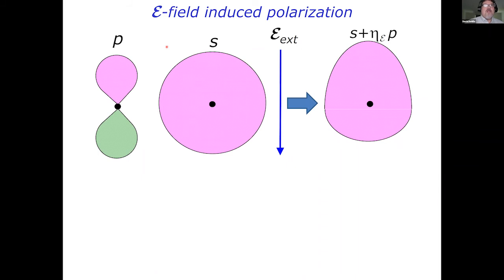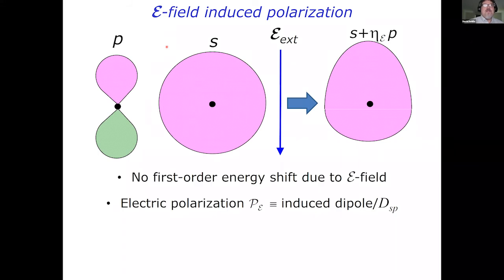So much like the CP violating interactions, the ordinary Stark effect leads to no first order energy shifts, but it does induce a dipole moment. It deforms the wave function. And we're going to talk about a quantity we call the electric polarization, which is just how much dipole moment is induced by the electric field that causes this deformation, divided by the maximum possible dipole moment that you would get if you fully mix these states.